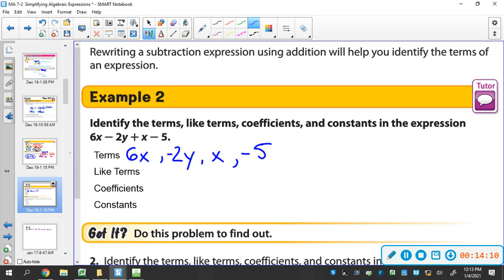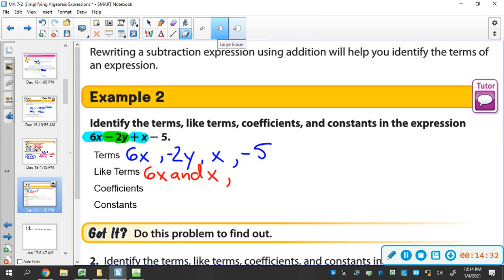My like terms. My like terms, I have a 6x and a positive x, and I have a negative 2y and a negative 5. So my like terms here, I would put 6x and x, and then also, actually, I have that wrong, I'm sorry there. That should be different because that one doesn't have a y with it.